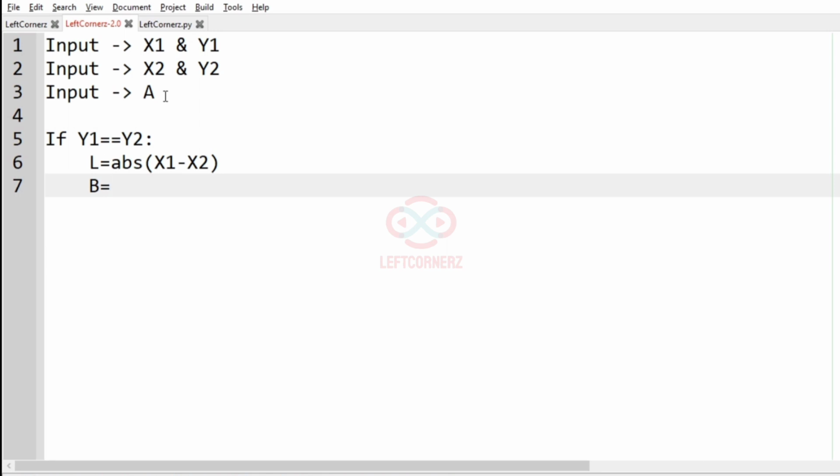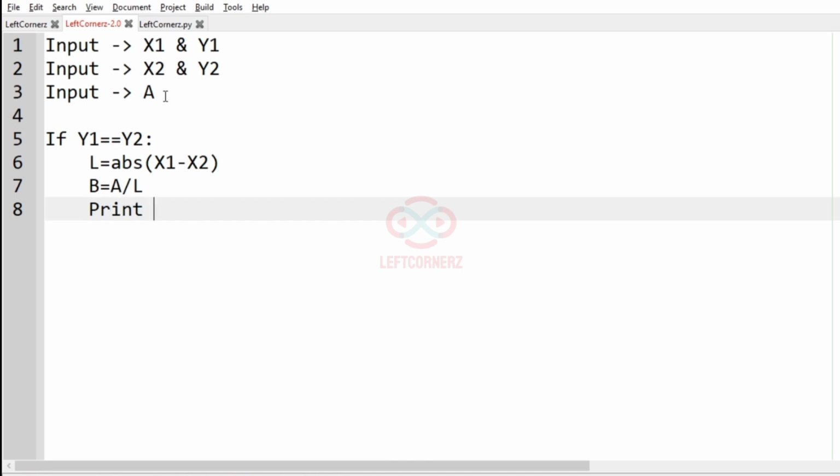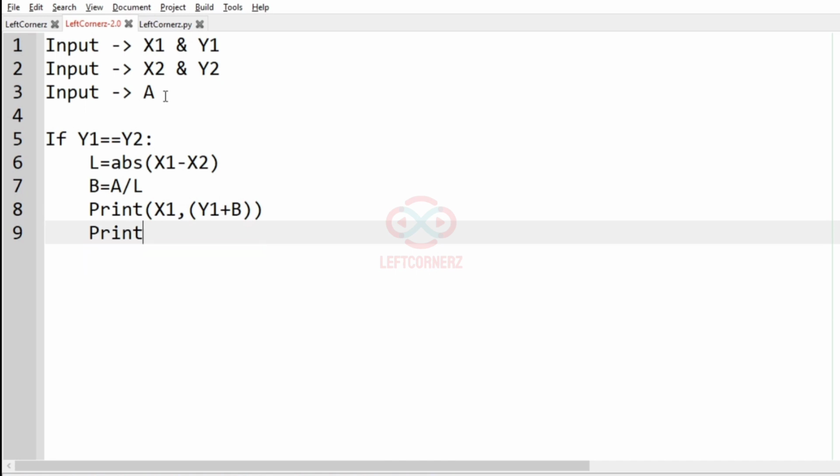After finding the length, breadth is equal to area by length. Now we have to print x1 comma y1 plus breadth, and you have to print another line x2 comma y2 plus breadth.